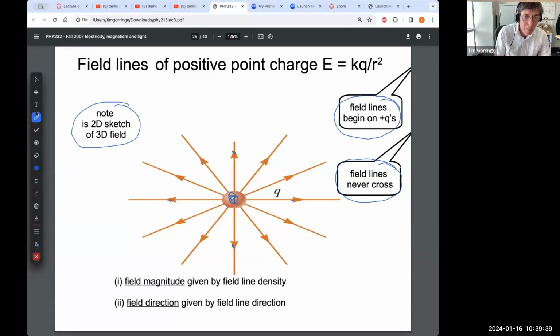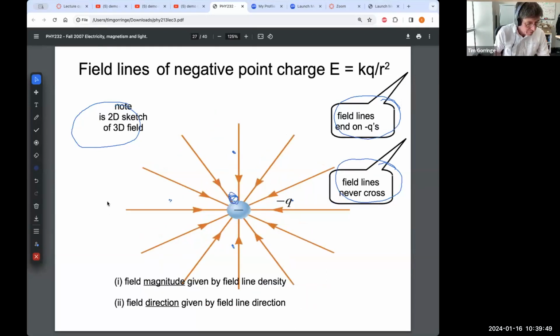That was the field of a single positive charge. I want to show you the electrical field of a negative charge. And here it is on this slide. Let me clean this slide up if I can. So in this slide, I've now got a negative charge. Here it is.